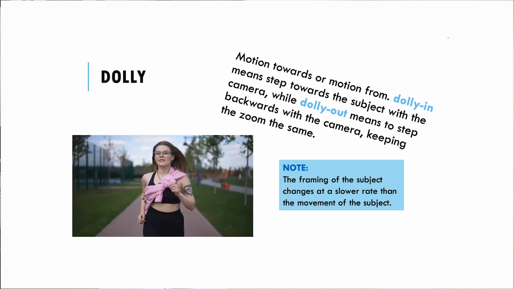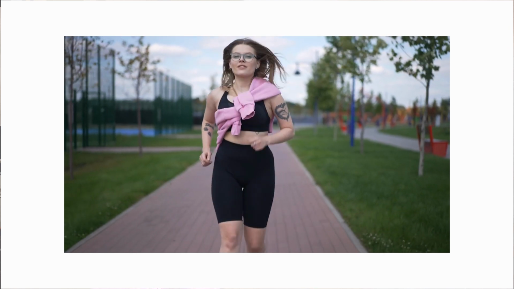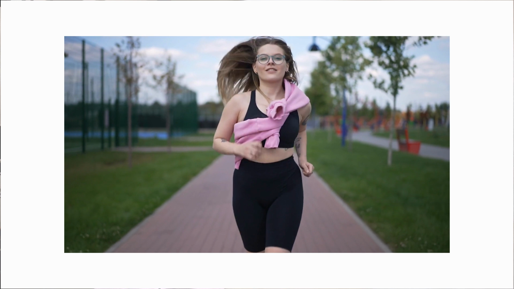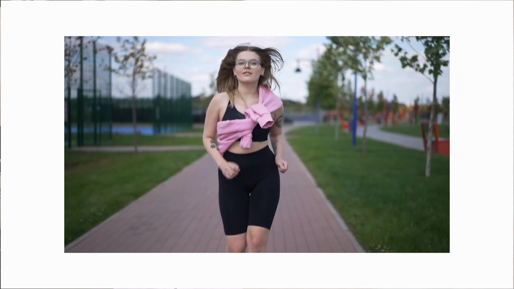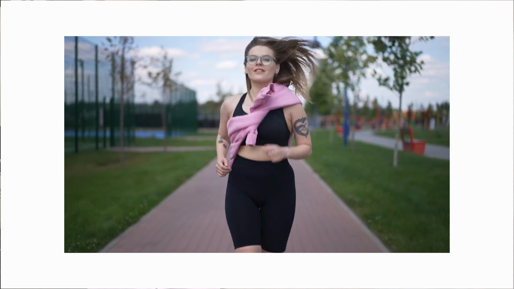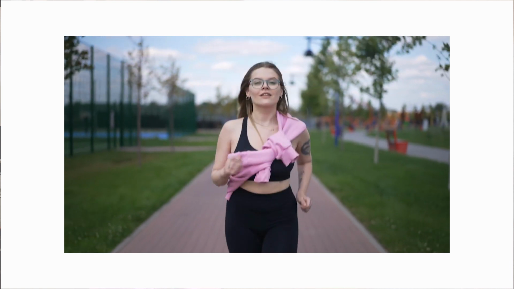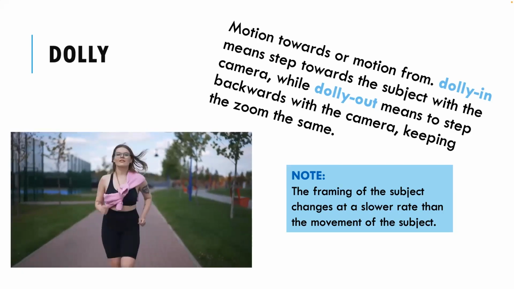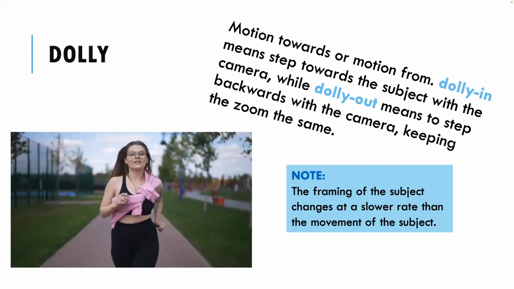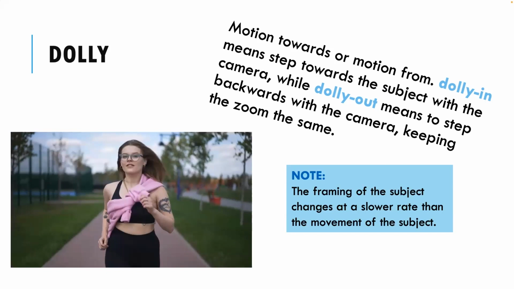It's not quite at the same speed as the woman running. You can see the camera is moving because of the trees in the background. Let's go ahead and watch that one more time. The camera is moving and it's keeping the same distance here between the runner and the camera. Notice that the framing of the subject changes at a slower rate than the movement itself, the movement of her running.